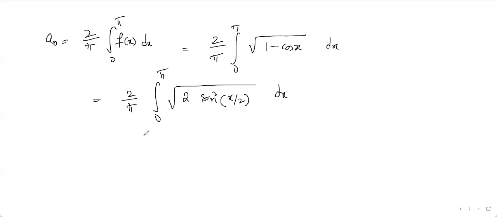Now this will be 2 root 2 by pi integral 0 to pi sine x by 2 dx.